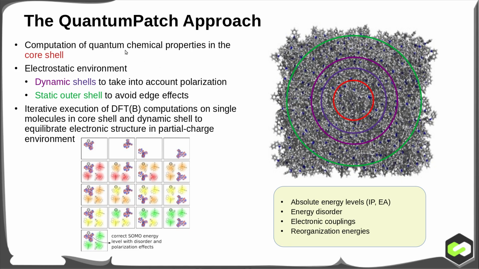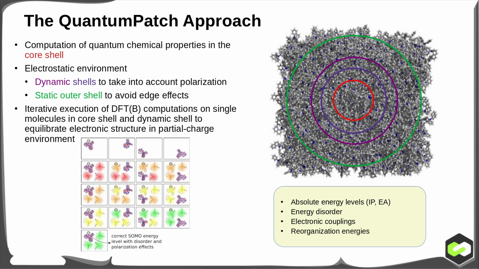So we always define a core shell, highlighted in red, which contains the molecules on which we want to compute the quantum chemical properties. We then have different shells for the environment with a different level of accuracy. In this case, we would have 2 dynamic shells, one in dark purple, one in lighter purple, and one static outer shell in green.